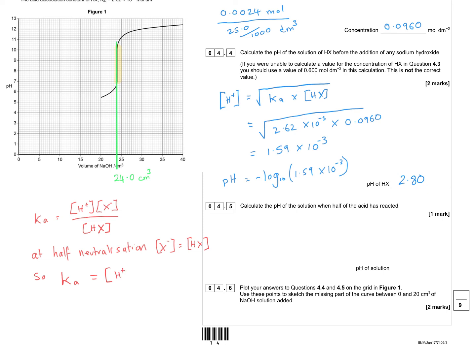So at this point, if X- and HX cancel in the expression, then Ka is going to be equal to H+, and pKa is going to be equal to pH. So calculating the pH at this point, we do negative log to base 10 of Ka, which was 2.62 times 10 to the minus 5, and we get a pH at half neutralisation of 4.58.